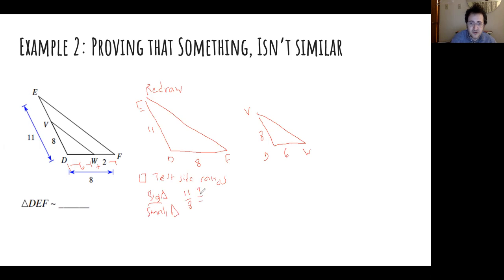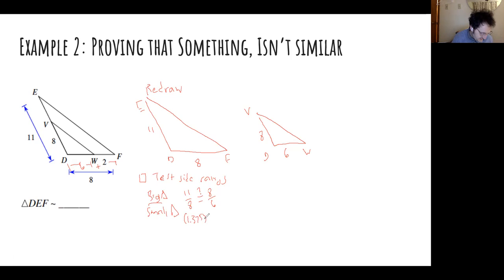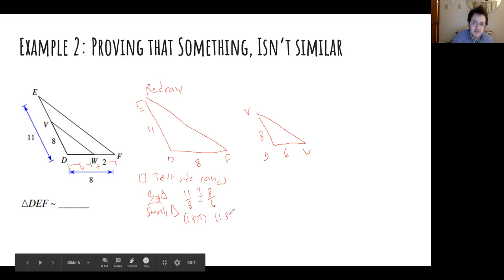And I'm going to put a question mark over the equal sign. So I want to see, is that the same as 8 over 6? Now, if I go to my calculator, I got 11 divided by 8, that's about 1.375. And then 8 divided by 6 is 1.33.